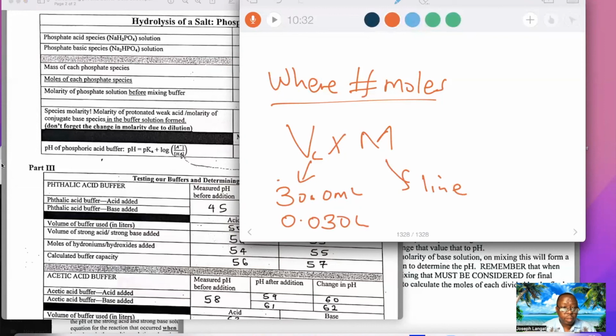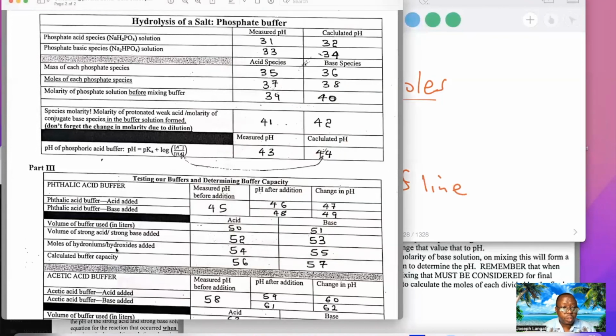The molarity for the base is the molarity before mixing, line 40. This is line 40.